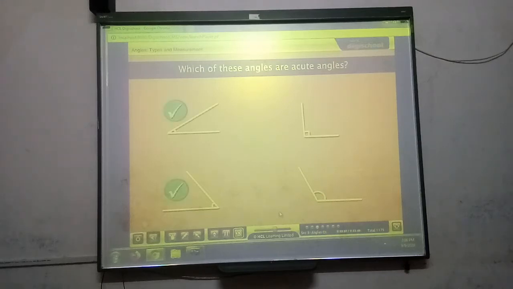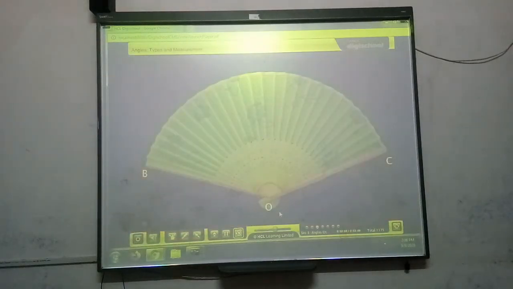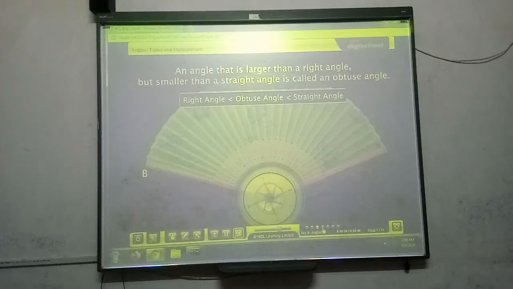And how about this angle? Shall we try the RA tester on it? It sees more than 1/4 of a revolution, but less than half a revolution. That is, it is larger than a right angle, but smaller than a straight angle. Such an angle is called an obtuse angle.